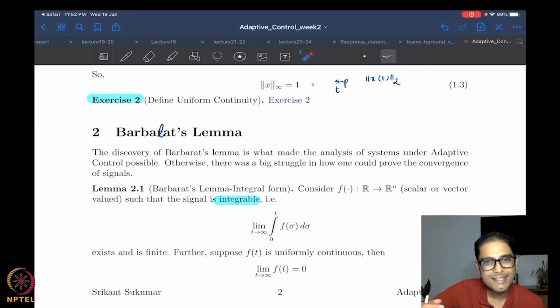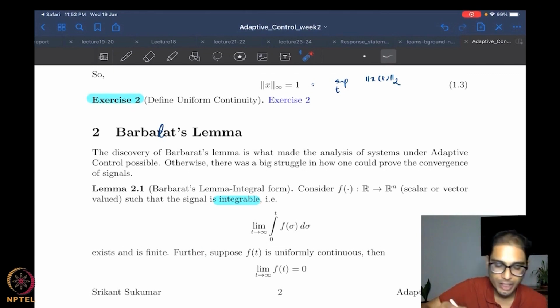Integrability is an interesting property. If you think about it, this is somehow connected to your L1 norm, but I'm not taking any norm here. There's no norm here. It's just f(sigma) d sigma, so I'm integrating component wise. But it looks like an L1.